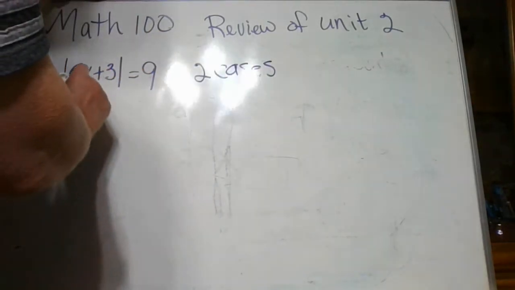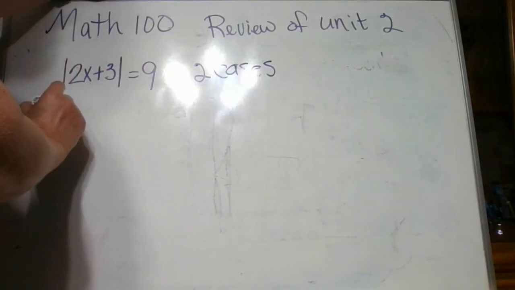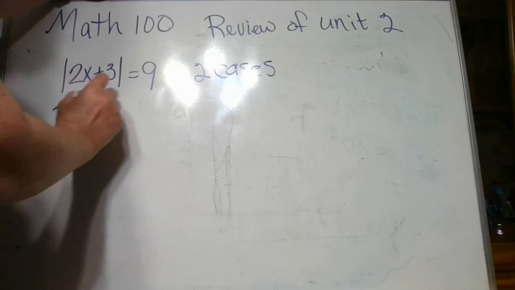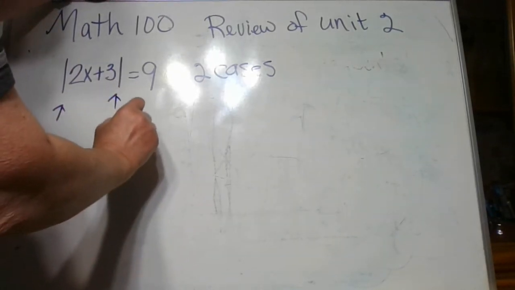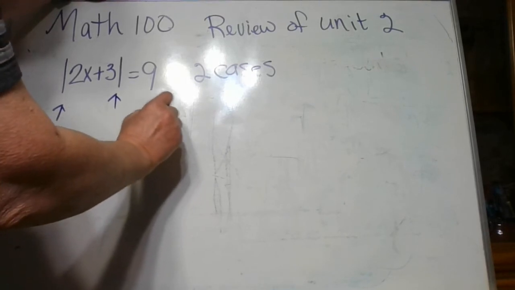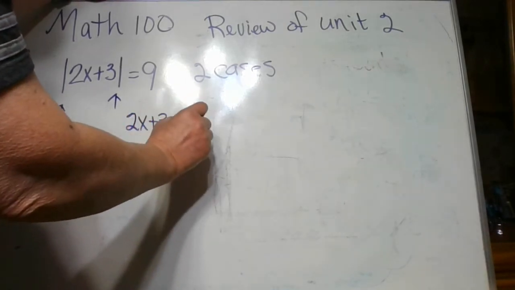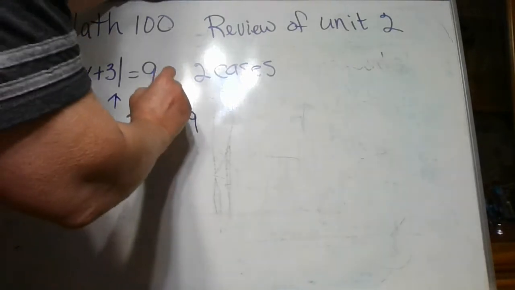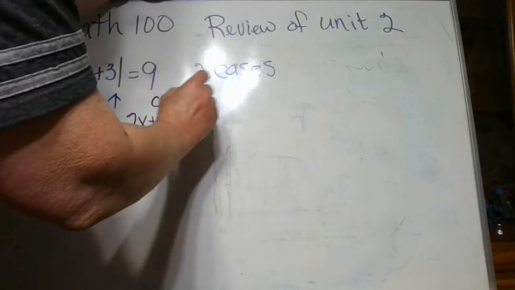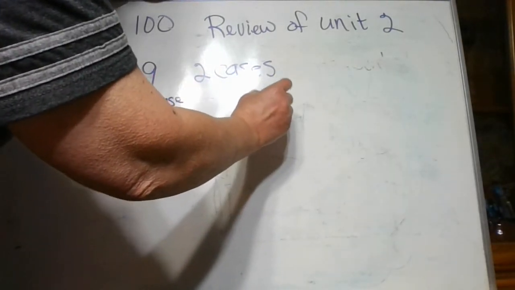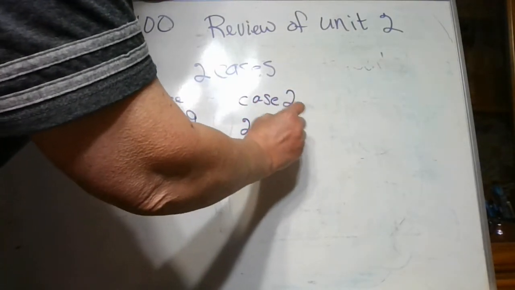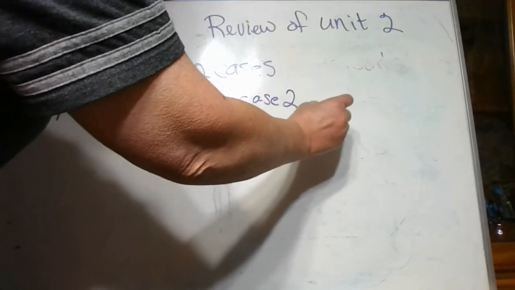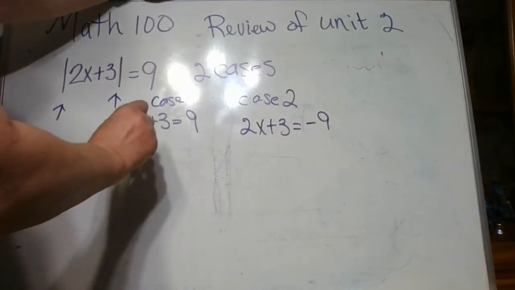Take off the absolute value signs and just take your 2x plus 3, set it up equal to 9. That will be case 1. And then case 2, you set it up equal to a negative 9. 2x plus 3 is equal to negative 9. So yes, you're going to have two answers.